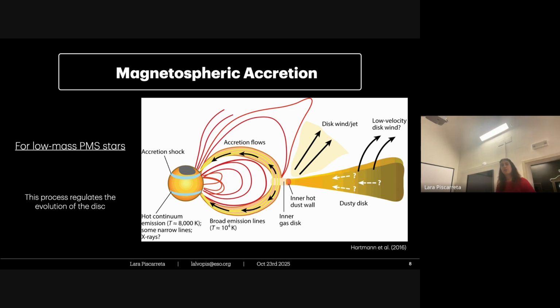Namely, I'm talking about an excess continuum emission in the UV part of the spectrum, but also the emission of additional lines that we would not expect for non-accreting pre-main sequence stars. So this is our well-beloved H-alpha, but also other hydrogen recombination lines, such as, for example, Paschen beta and Brackett gamma, and also other metallic lines such as helium and calcium are emitted here.